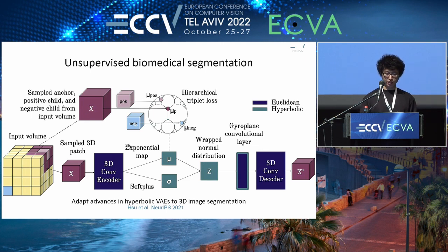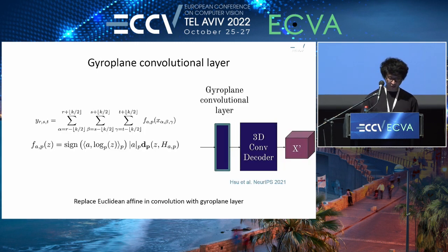Then the idea is to first learn discriminative representations in hyperbolic space using the idea that this image has a natural hierarchy, and this natural hierarchy maybe corresponds to the segmentation labels. And then once these representations are learned, we cluster them to do some kind of unsupervised image segmentation. So we'll go through this method step by step.